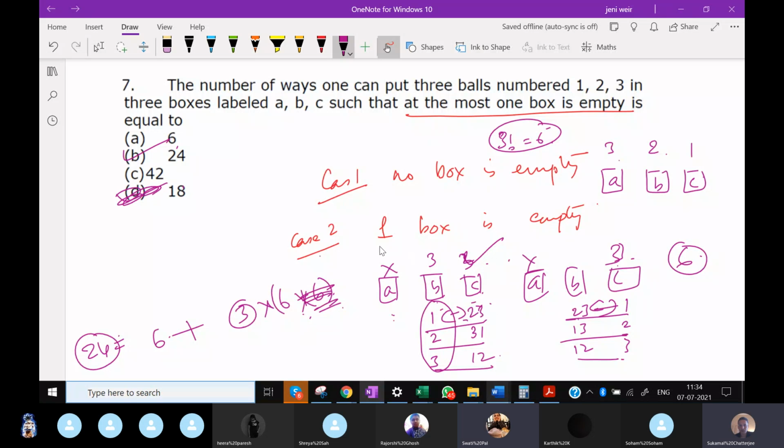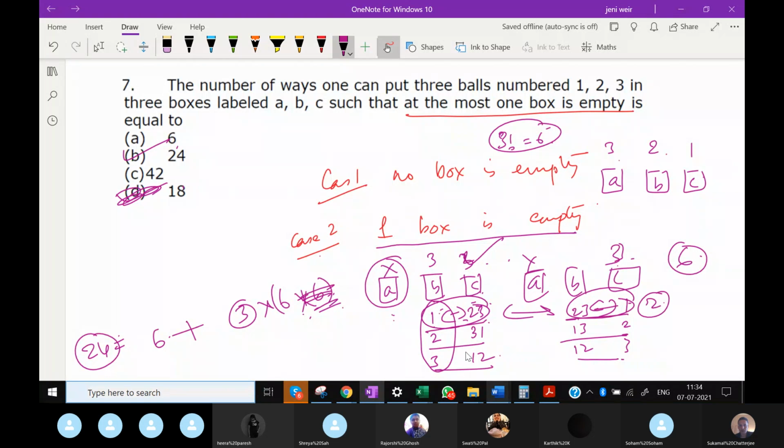Okay, case 2 means one box is empty. Let us assume A is empty, right? So there can be 3 cases. B can have 1, C can have 2 and 3. Now corresponding to this, I can flip it around. So I can have 2 cases here. Next case, B can have 2, C can have 3 and 1. I can flip it around. Then 3 and 1, 2.